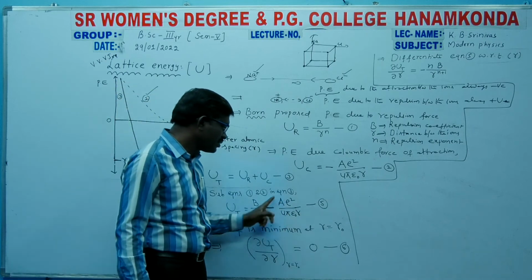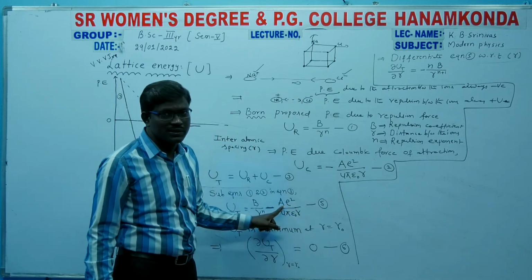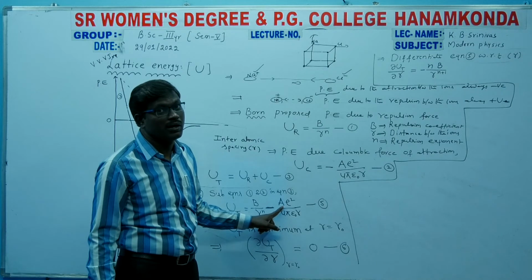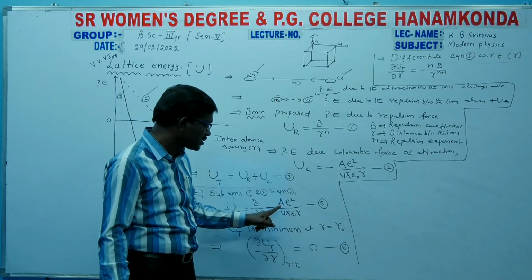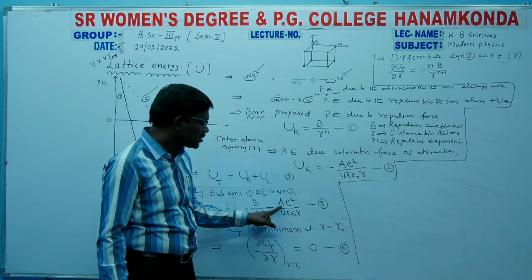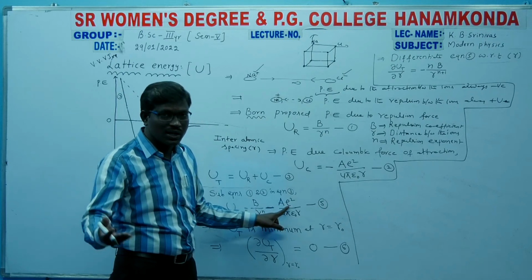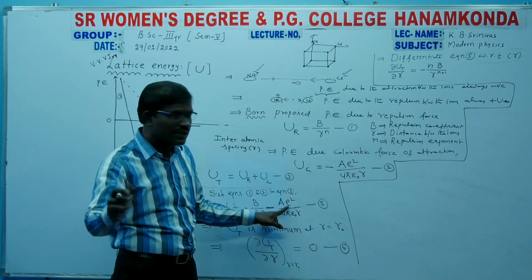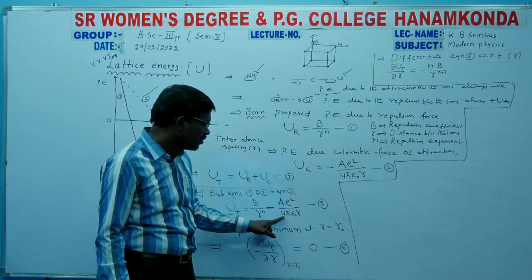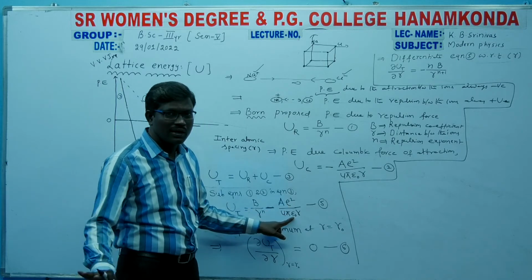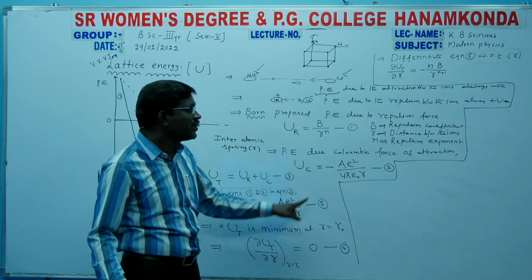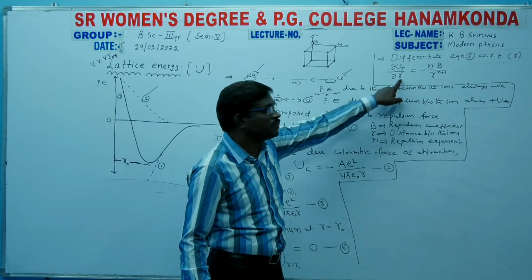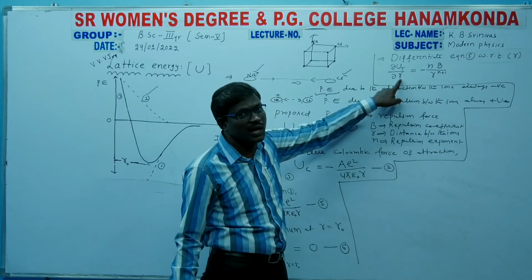Coming to the second term, a is a constant. This is known as the Madelung constant that we will calculate in our next class. A is a constant. Small e, that is the charge of an electron, is also a constant. 4 pi epsilon naught, all are constants. r is a variable, and we are differentiating with respect to this distance only, r only.